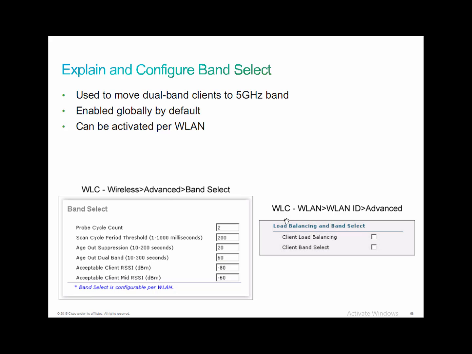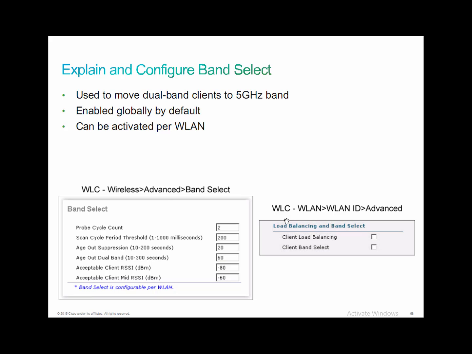So we see a couple of different options here for band select. By the way, this is not beamforming, right? It's just another technology that we can use in the B space and the A space to provide additional protection or to provide for more efficiency for the clients themselves.